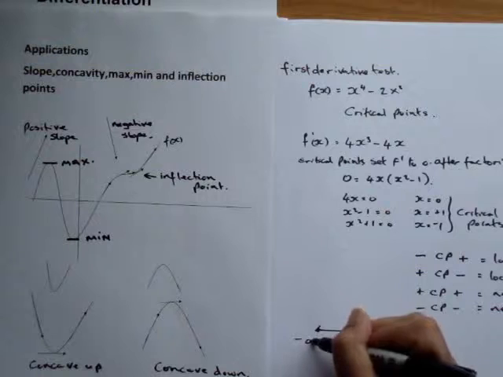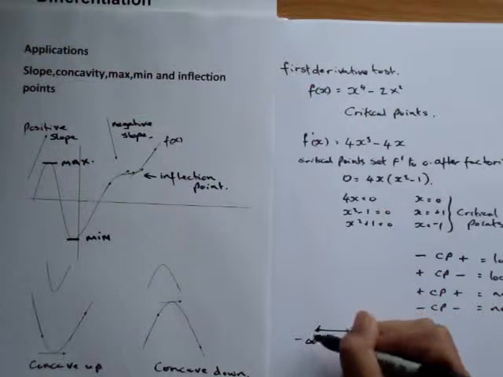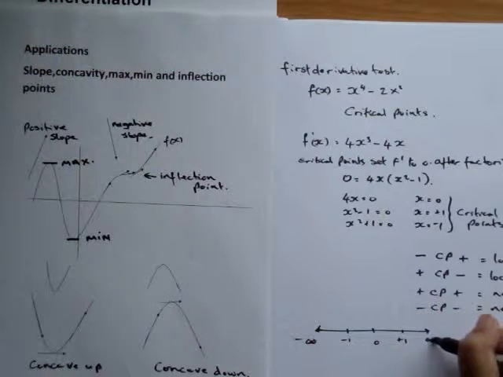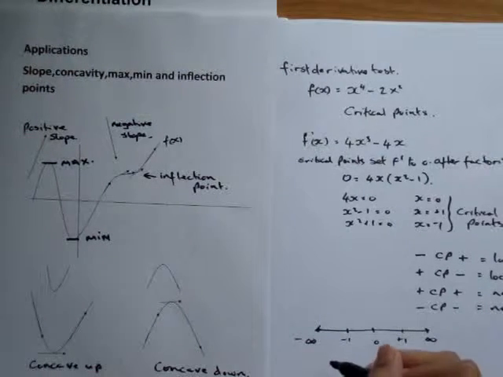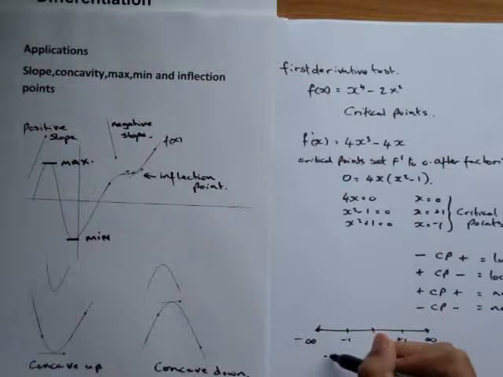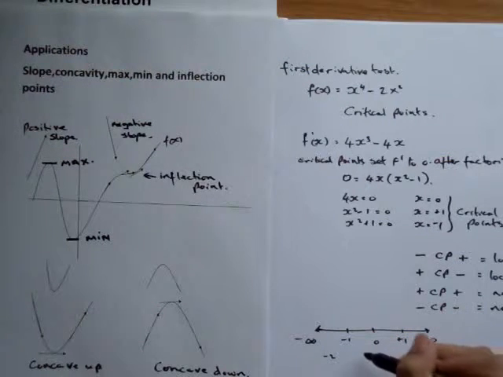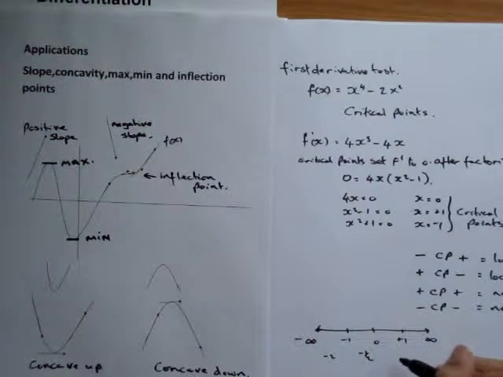This would go to -infinity and this would go to infinity. Then what we do is we test the four intervals that are between the critical points. So we choose numbers between the intervals, say -2, minus a half here, a half here, and say 2 there.